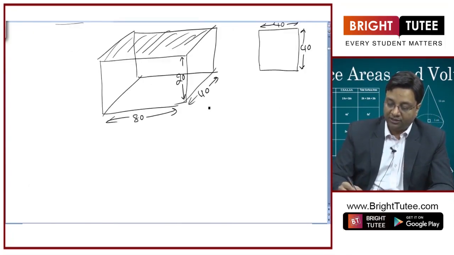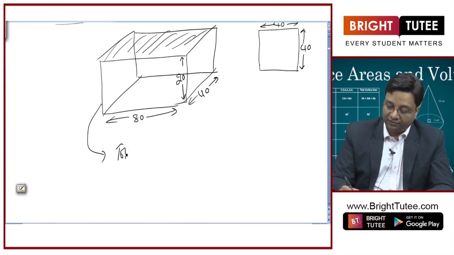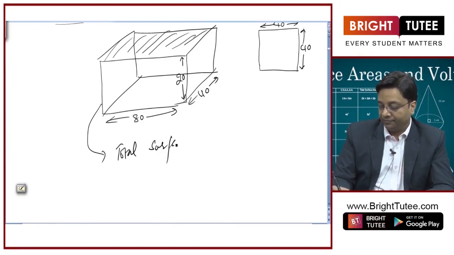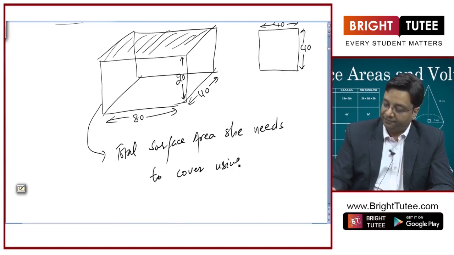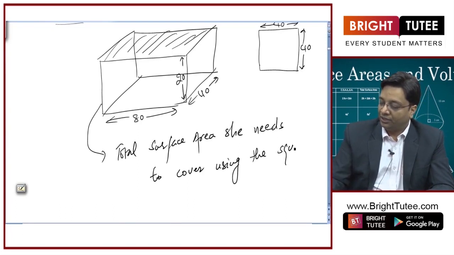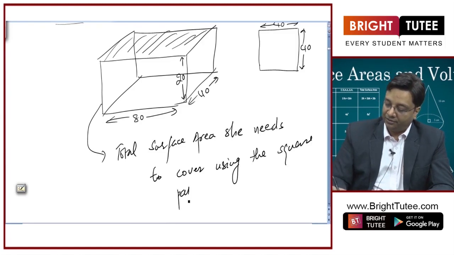Now, what is the total surface area that she has to cover using the square shaped paper she has got?